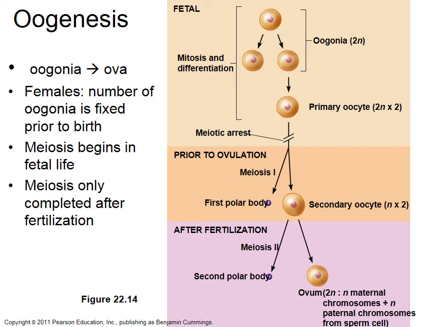Yeah? So the secondary oocyte, is that haploid? The secondary oocyte is actually technically diploid, right? So it's got 2 sets of haploid. That's why the N times 2. The chromosomes aren't interacting the way they do when you have diploid cells.